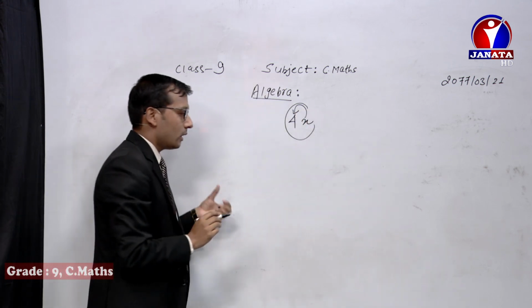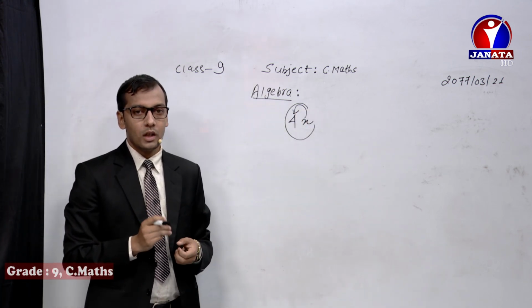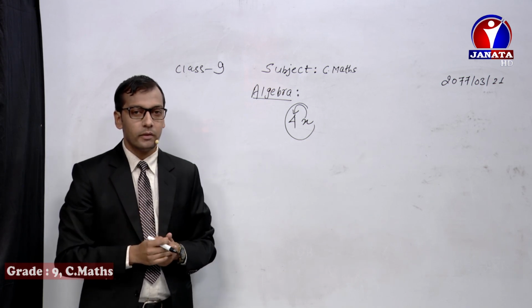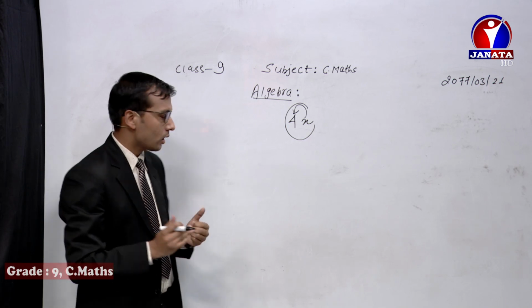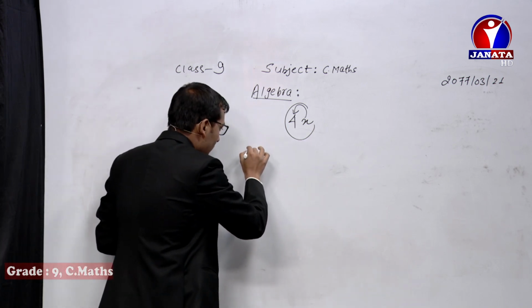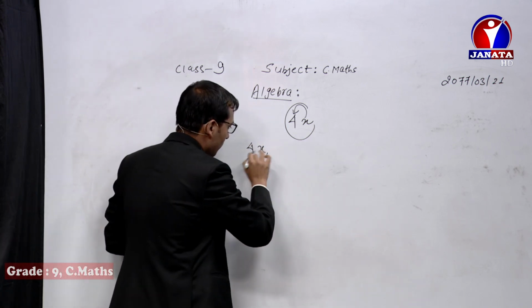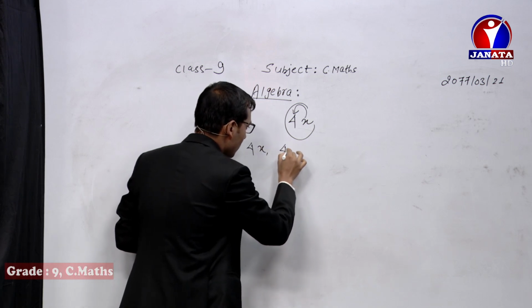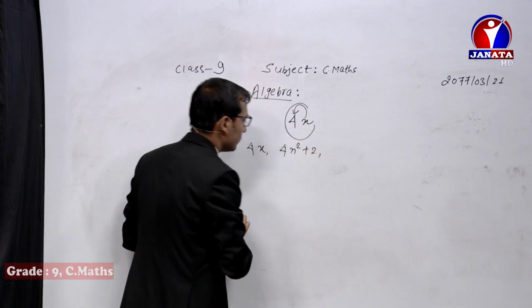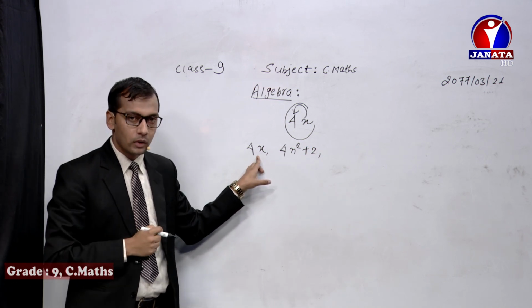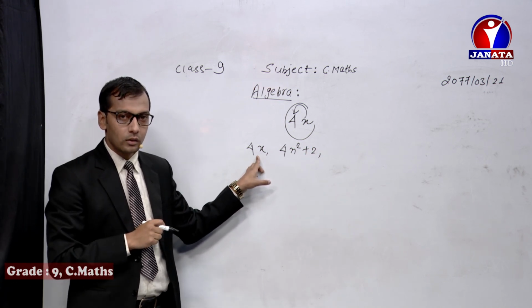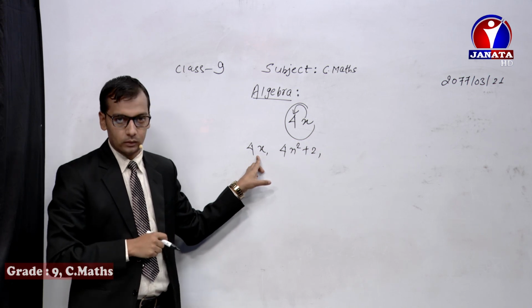So let me talk about what is polynomial and what are the different polynomials that we need to learn. Talking about polynomial, there are different types. I am taking an example. Suppose 4x, and 4x squared plus 2. 4x is a single term, so this is a monomial expression.